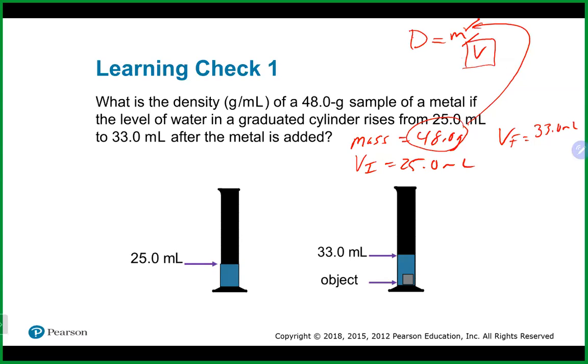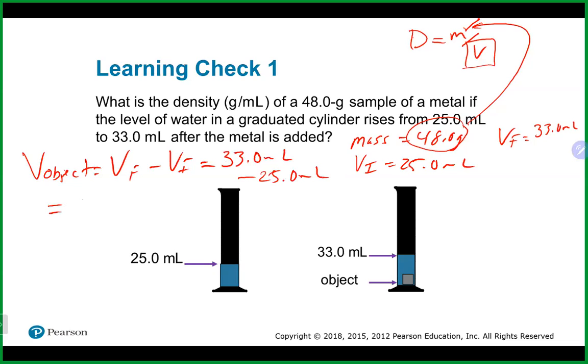We do need to calculate the volume here by displacement. So our volume of our object will always equal the final volume minus the initial volume. That's going to be our final volume of 33 milliliters minus our initial, which was 25, I believe, milliliters. So that is going to give us a volume of 8 milliliters in this case.